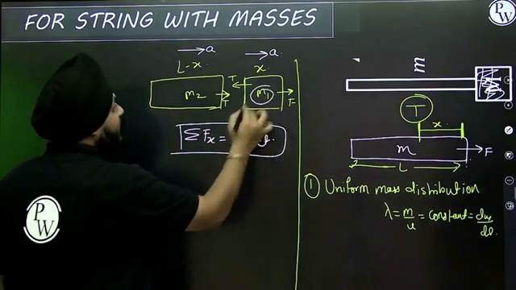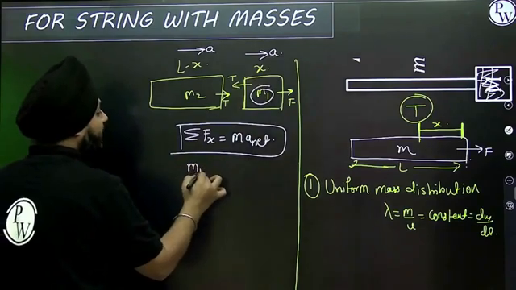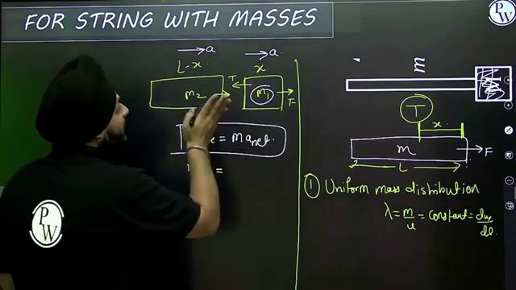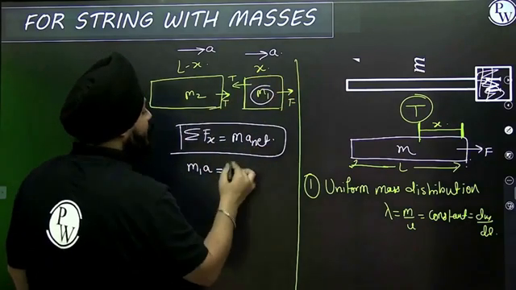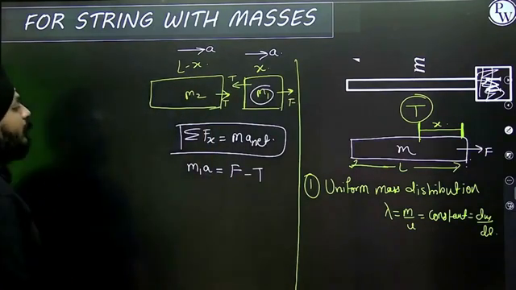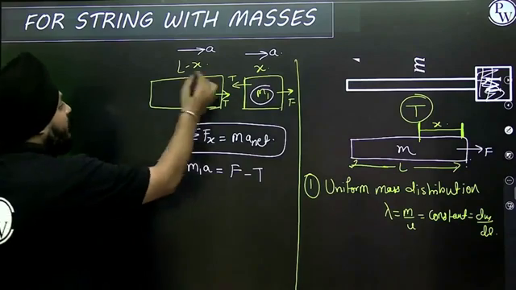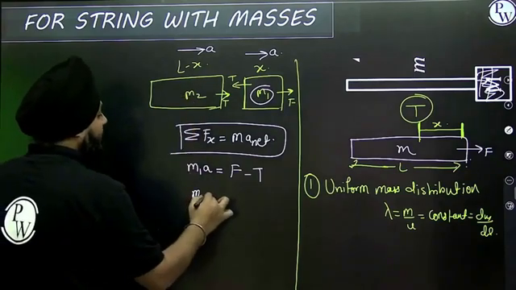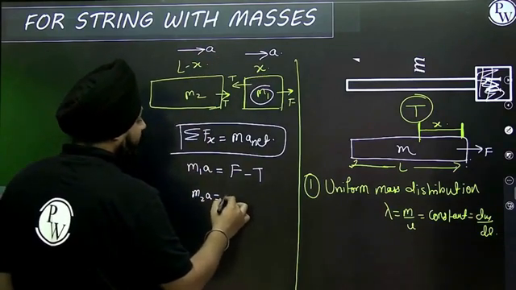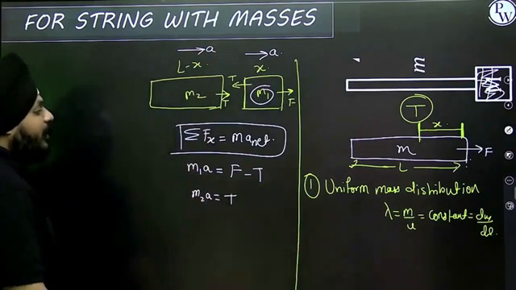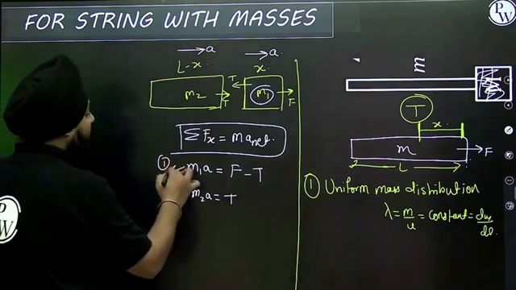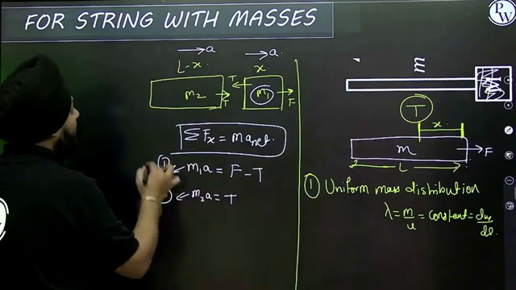Using this first equation, m1 into a, I can write force in the direction of the net acceleration, higher magnitude, minus lower magnitude. Similarly, for the second, forces in the direction of the higher magnitude, and in the opposite direction we do not have any forces. Can I consider this as equation number 1, and this as equation number 2? Yes.